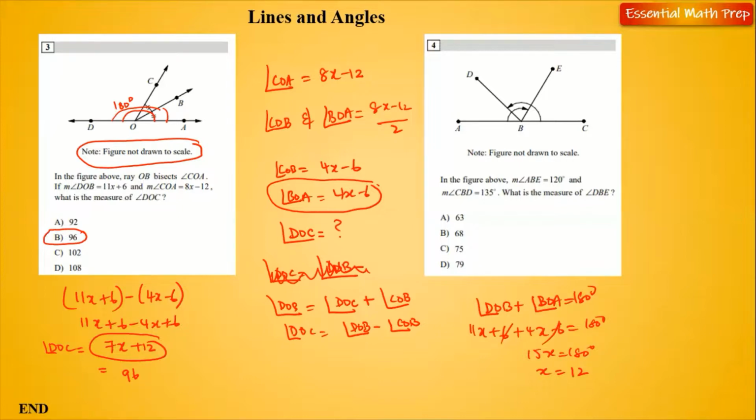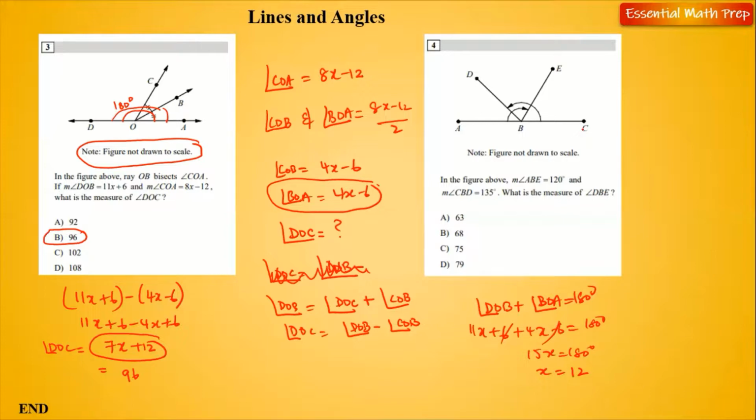Where that speed comes from is being able to do more and more problems. With experience, you should be able to nail this problem in a jiffy. If I were to solve this problem myself in real time, I wouldn't be going through all of these. I would do a few things in my mind, but I'd be solving this really, really quick. So that's how you do problem 3.